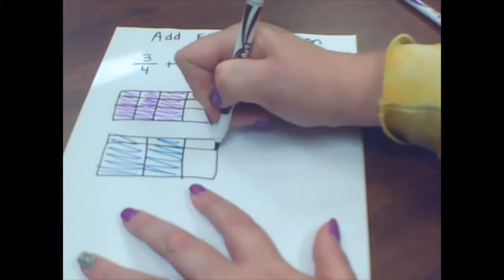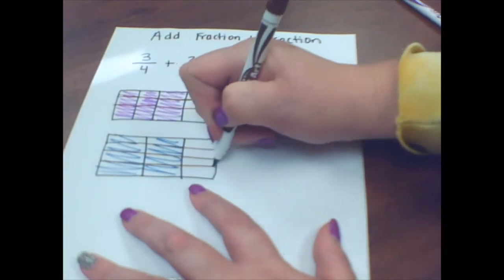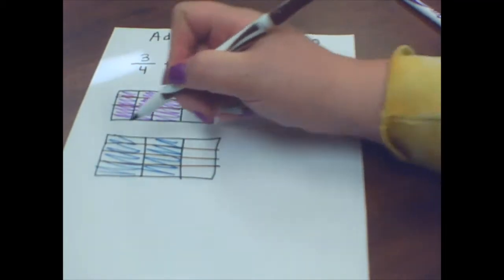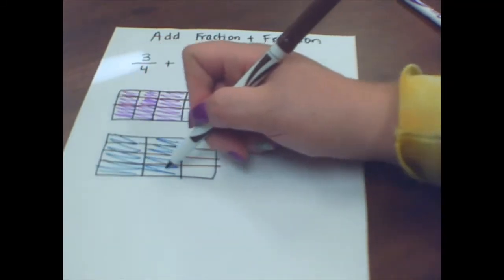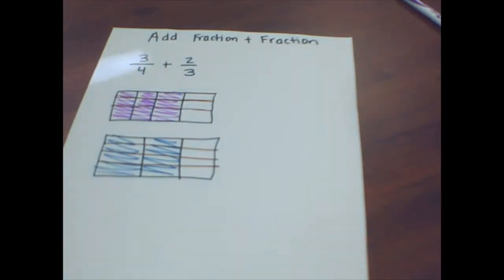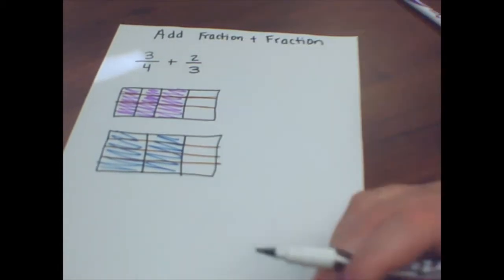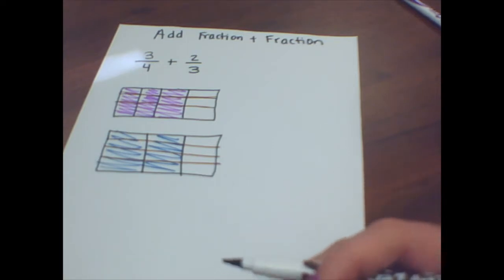So 1, 2, 3, and that gives me 4 ways split. 1, 2, 3, 4. I know that sounds a little bit weird, but that's how you get the denominators the same.